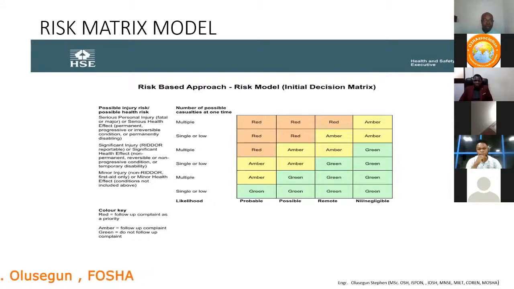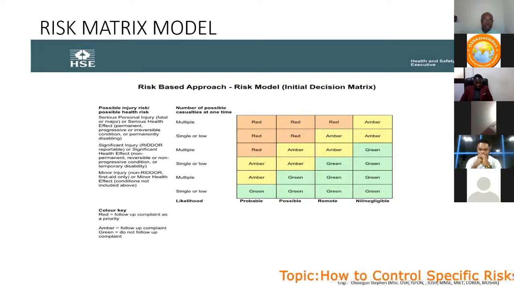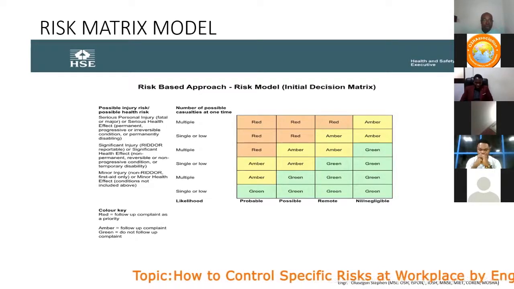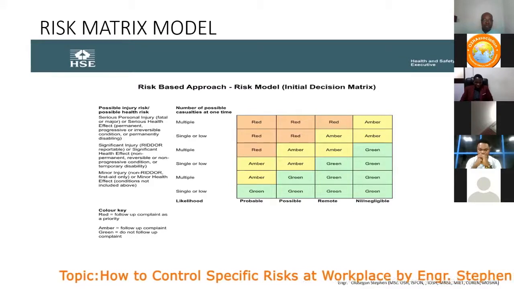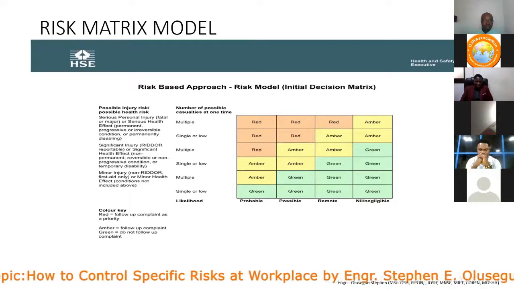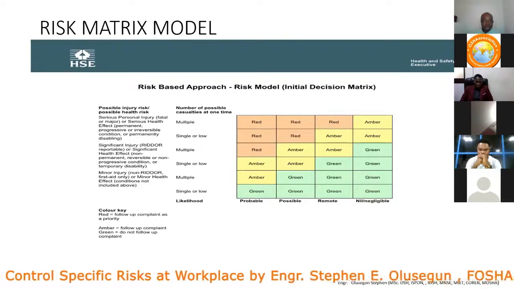And when you are talking about a particular risk where possible injury is high, you say serious personal injury is fatal or major or serious health effect. Yeah, that's what we are talking about. So something that can cause death.